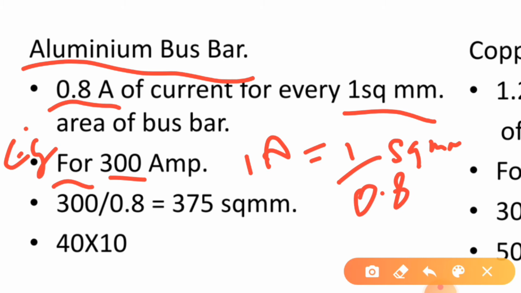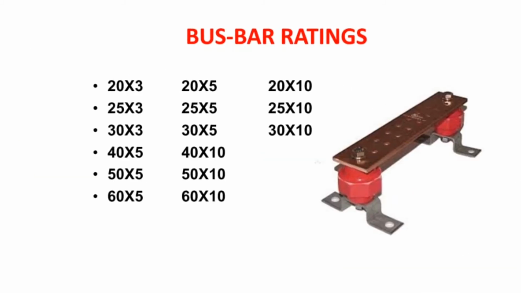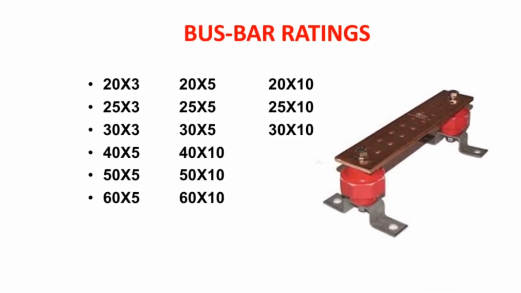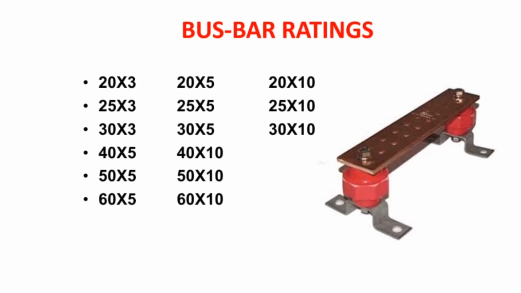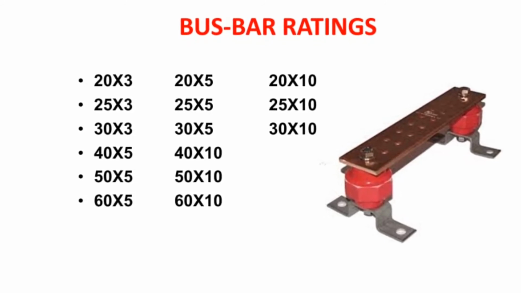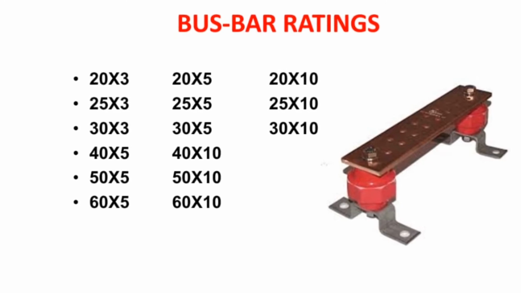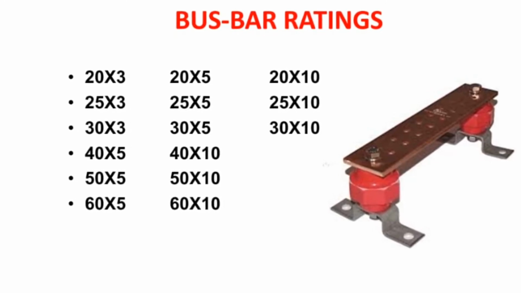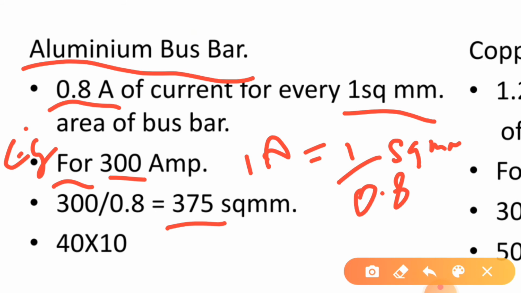For 300 ampere we will require 300 by 0.8 square mm of area, which comes out to 375 square mm. But bus bar ratings which are available in market are specific, like 20 by 3, 20 by 5, 20 by 10. So we will choose a combination of rating which is equal to or more than the calculated rating, right? So for the calculated 375 square mm, we have 40 into 10 square mm of bus bar. Here 40 can be width and 10 is thickness.